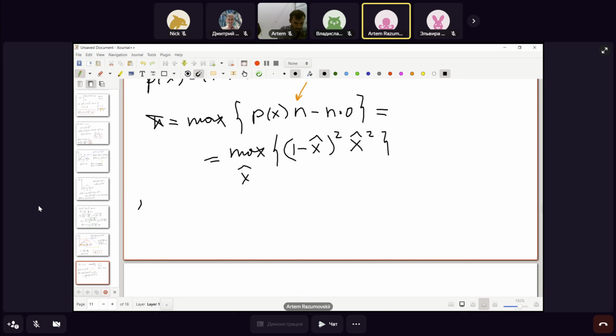So then let's take the first order conditions. Now what is this? 2x hat (1 minus x) squared minus 2 (1 minus x) x squared.